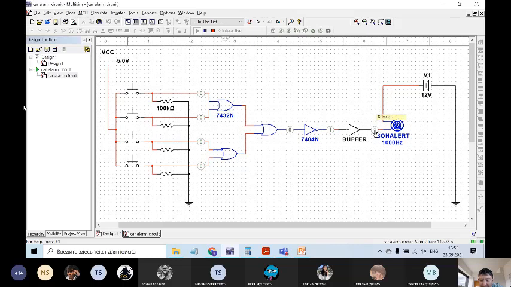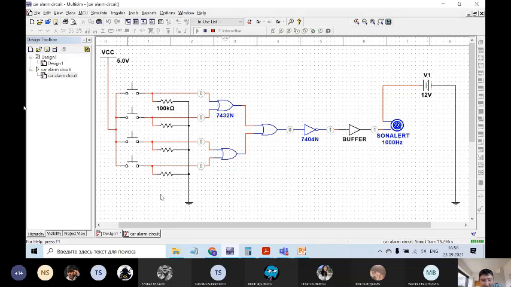You can see when this is high, this is also high. So the polarity is the same, and current will not go through this. I forget how in English this audio producing system is called. But when I push, it is grounded, and current will go. If I push this one, the same.